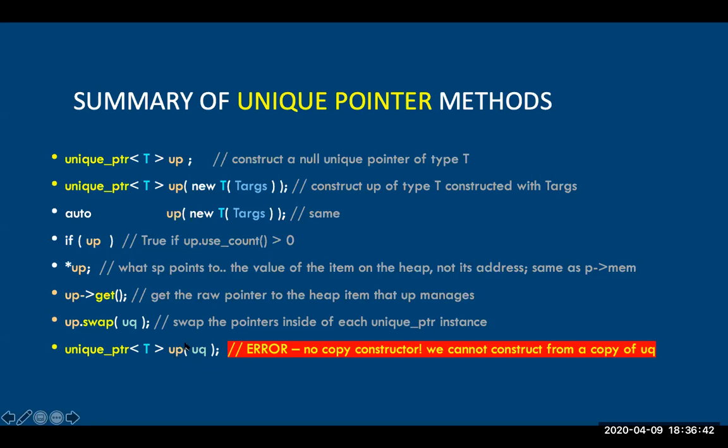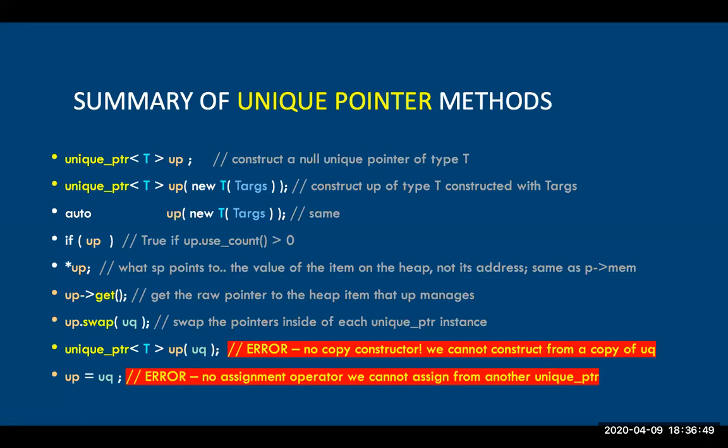That would be a copy constructor violation. And since we've got no copy constructor, that's just not going to work for us, right? Same with assignment. If you try to assign a unique pointer that already exists based on another unique pointer that already exists, that's the assignment operator, and that is not supported either in unique pointer. Okay.